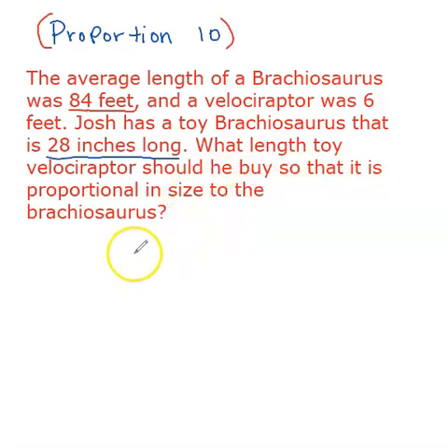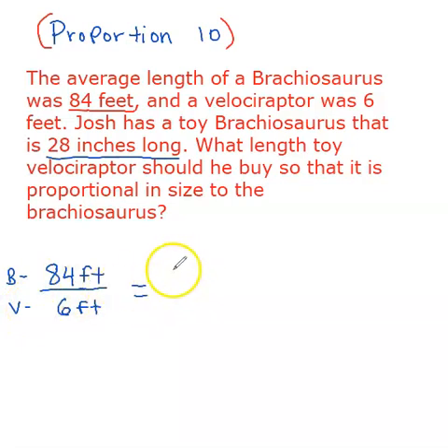So let's organize this. First, let's put the feet of the animal. So first we see that it talked about 84 feet of the Brontosaurus, and we're going to put that over the other feet of the Velociraptor, which is 6. So this is the feet, this is the feet. So this was the Brontosaurus, B for that, and this is the Velociraptor. And it's equal, so we know the 28 inches belongs to the Brontosaurus, the top.